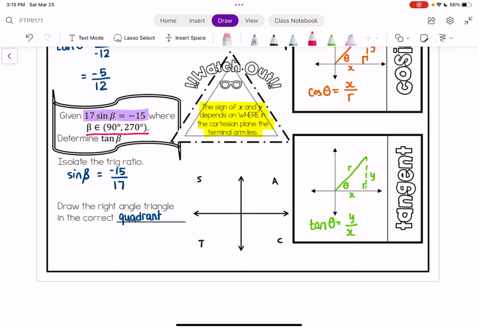And for sine to be negative, I could be here or here, because in those regions, the only thing positive are tan or cosine. So I know that sine's going to be negative in there. But they've told me that I am between 90 and 270. So my angle has to fall in here, which means the only quadrant it can be is over here.